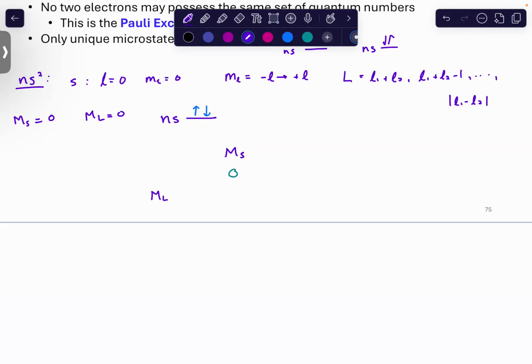And then on the side here, I have M sub L. Your book does it a little bit different, but you'll be able to line this up with what your book does. We said M sub L is also only going to have values of 0, because look at this pairing here. I have an electron at plus 1/2, then I add the minus 1/2. My M sub S can only be 0.